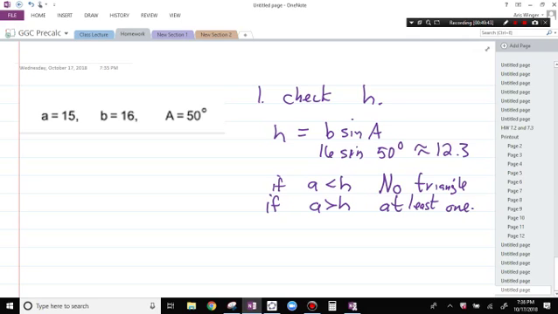And now, this is a decision tree. I got some iTech people in here, right? Just a decision tree. If A is bigger than B, then 1 triangle. And if A is less than B, then two triangles.